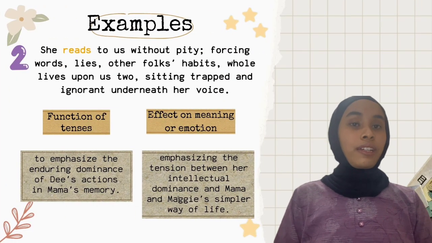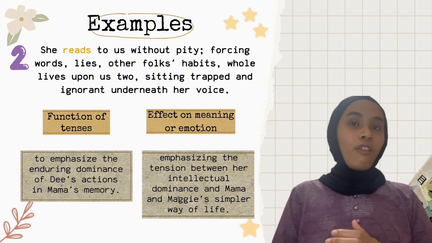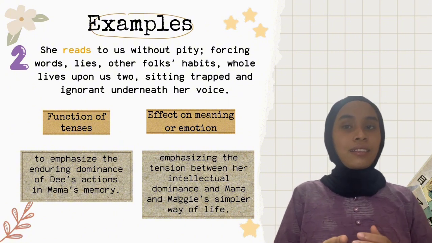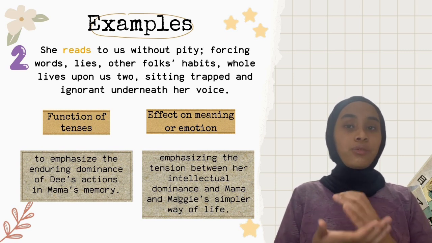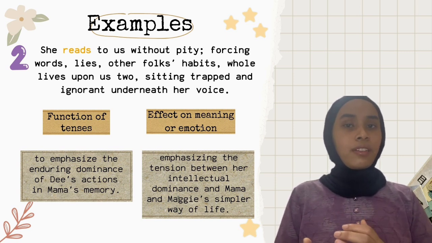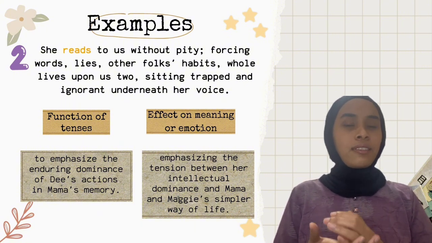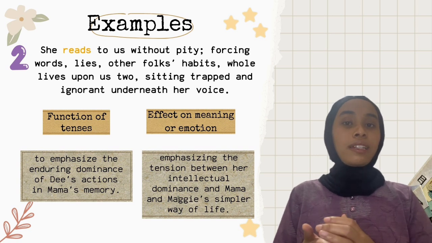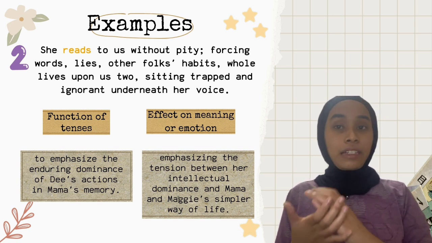Moving on to the next example: "She reads to us without pity, forcing words, lies, other folks' habits, whole lives upon us too, sitting trapped and ignorant underneath her voice." The present simple tense in "reads" serves to highlight the ongoing and repetitive nature of these actions.